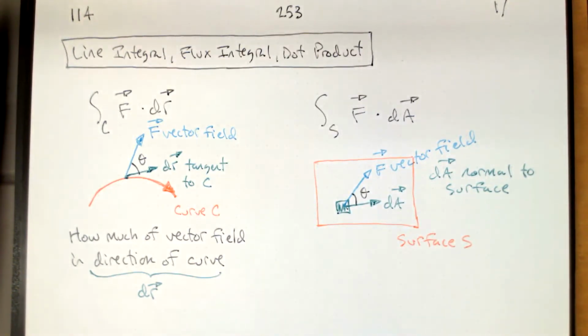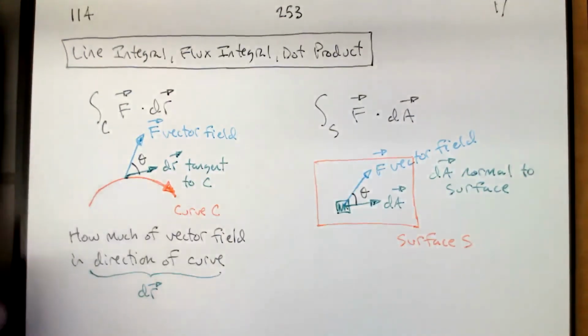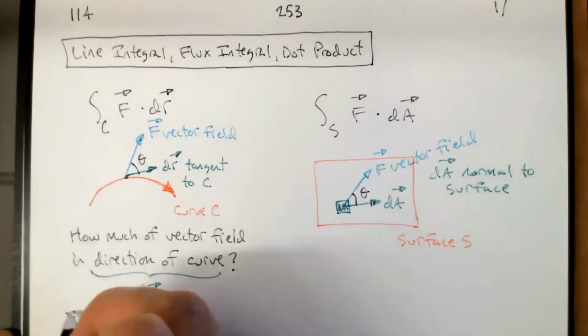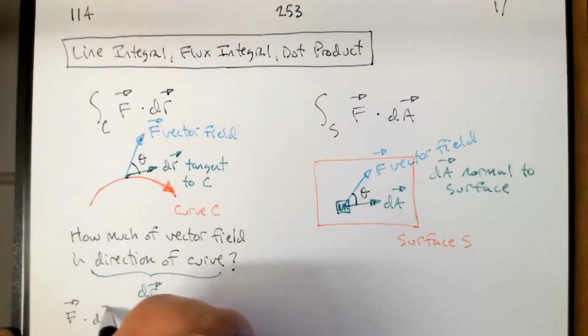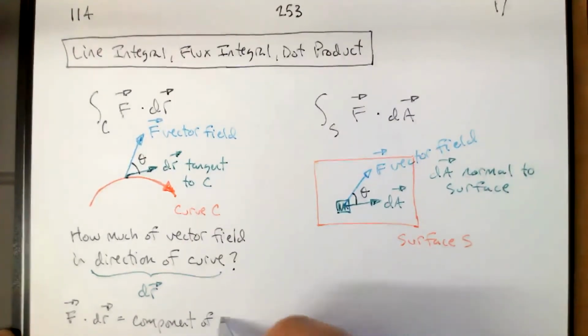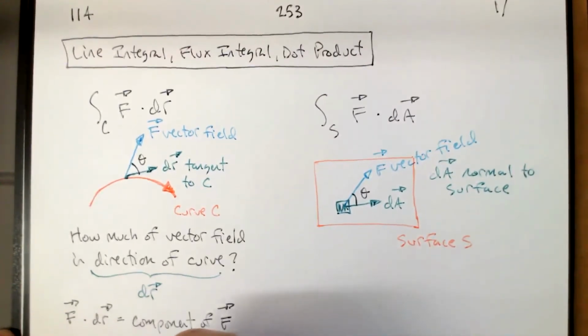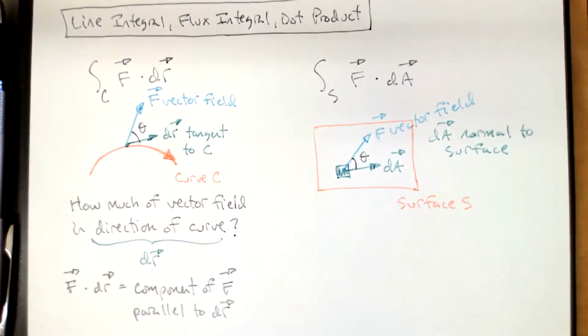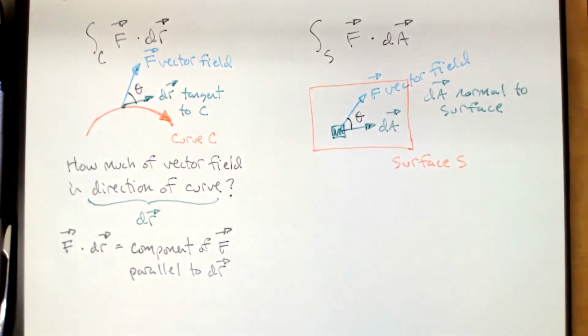That will tell us the component of the vector field parallel to dr, so F dot dr is the component of the vector field parallel to dr, and that's the direction of the curve.